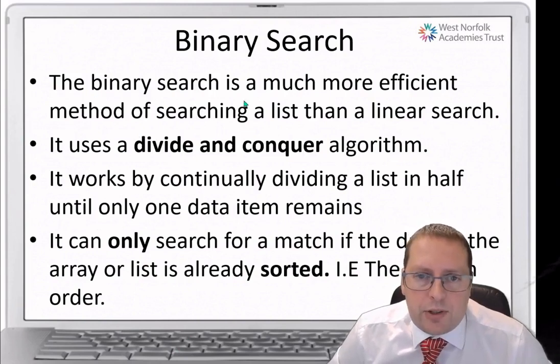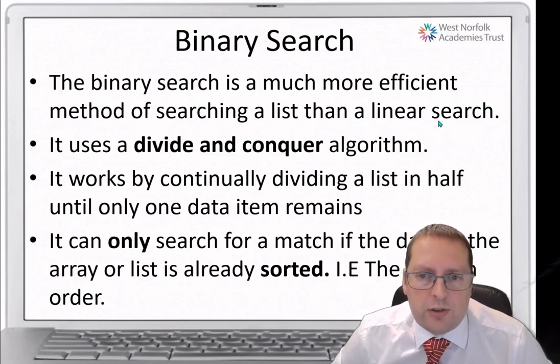With a binary search, it's much more efficient. It's a quicker way of searching a large list of data. It's quicker than a linear search, but your information does have to be in an ordered structure. Now, it uses a divide and conquer algorithm, so it splits the data, divides it in half to find the information it's looking for.